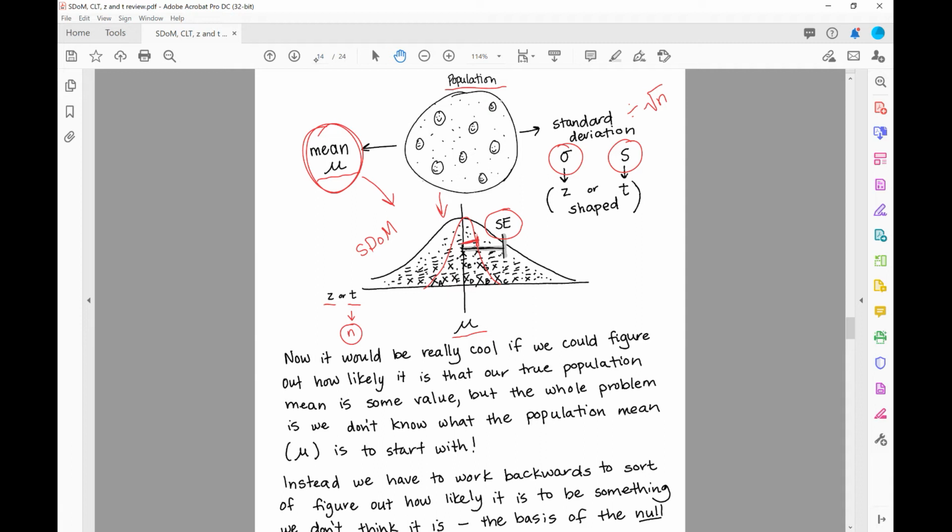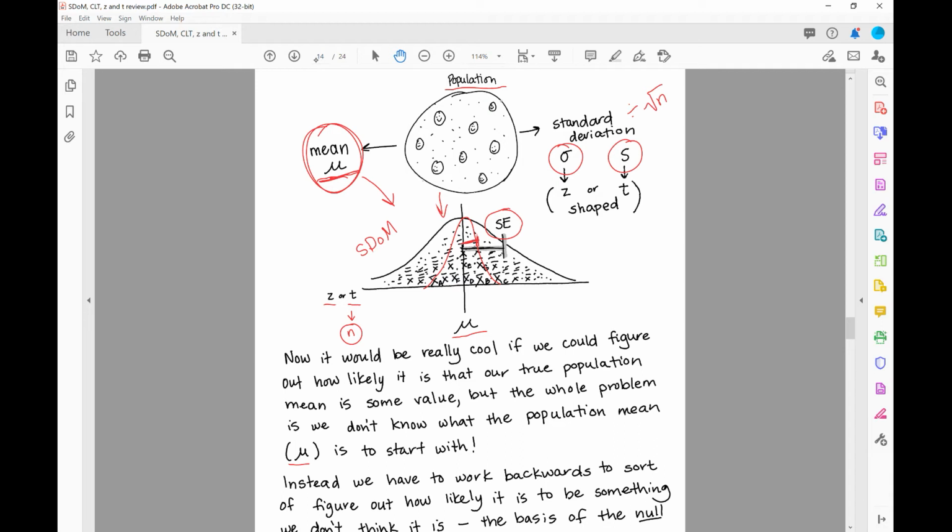The problem is we don't know what that population mean is to start with. That's really what we're trying to figure out. Right? So we have to do this kind of backwards. We can't start by assuming our mean is a certain value because we don't know what that value is.